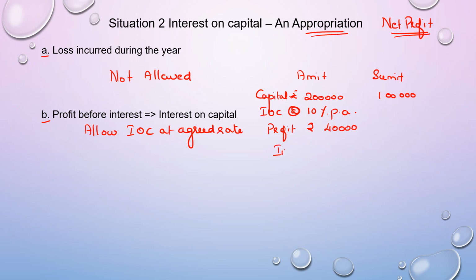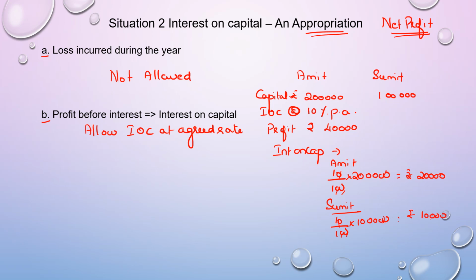Now first we will calculate the interest on capital, which would be for Amit being 10% of his capital, 2 lakh, that would be 20,000 rupees, and for Sumit it is 10% of 1 lakh capital, that would be 10,000 rupees.